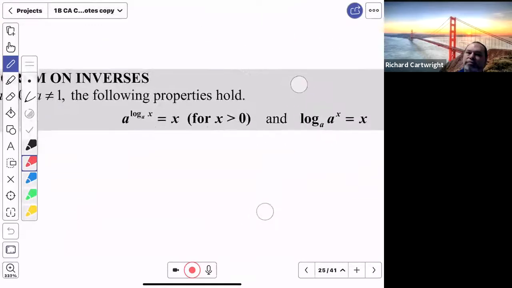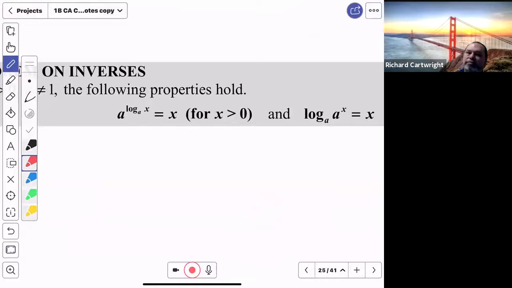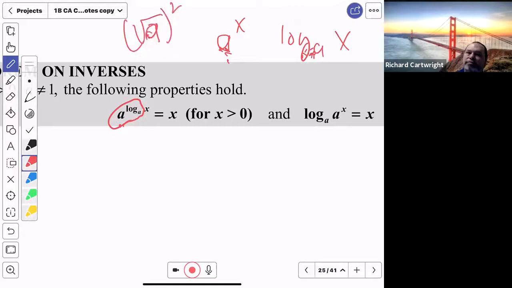Do I want to mess with this? Well, that's interesting. Yeah, a to the log of a cancels each other out, because a to the x and log base a of x are inverses of each other. Whenever you combine two inverse functions, like squaring a square root, it cancels out. So the same thing happens here.